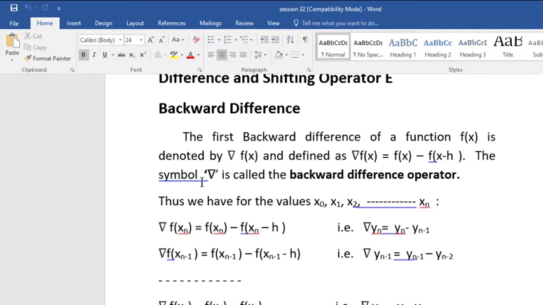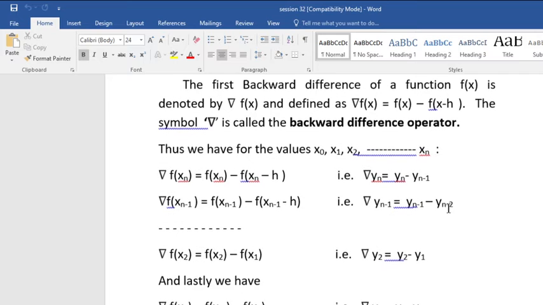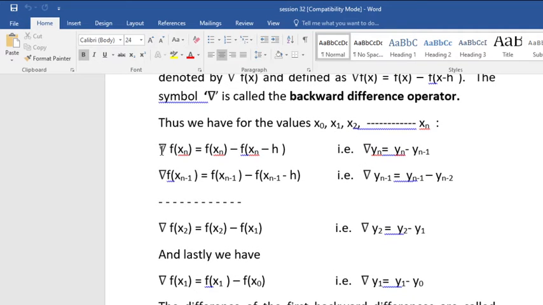The symbol, this triangle which we write in the reverse order, is called the backward difference operator. Thus for the values of x, x0, x1, x2, and so on up to xn, the backward difference of f of xn is equal to f of xn minus f of xn minus h.